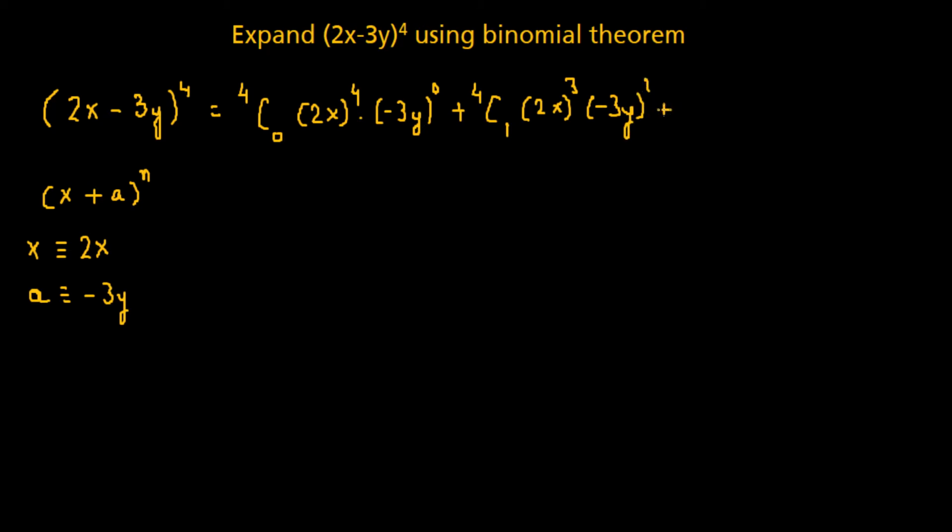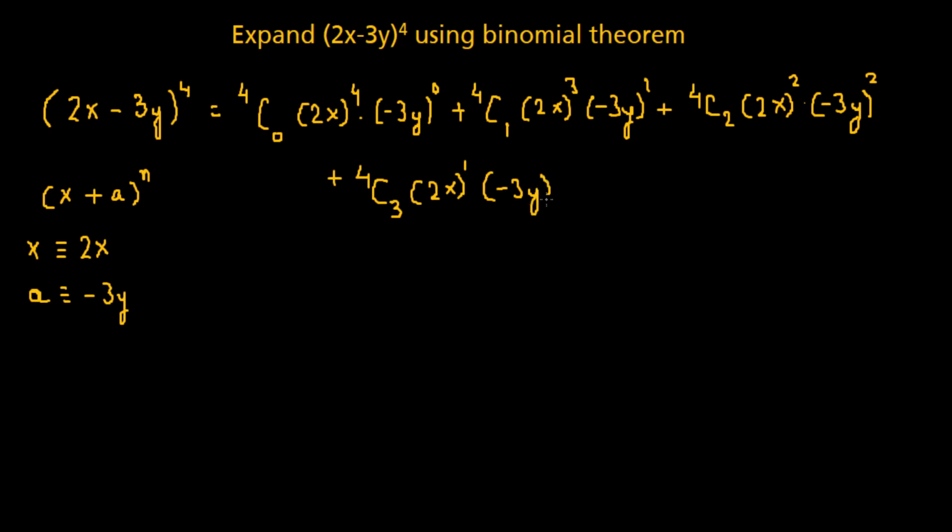Then we have the third term, which is 4C2 times (2x) raised to the power of 4 minus 2, which is 2, times (-3y) raised to the power of 2, plus 4C3 times (2x) raised to the power of 1 times (-3y) raised to the power of 3, plus the final term, which is the fifth term, 4C4 times (2x) raised to the power of 0 times (-3y) raised to the power of 4.